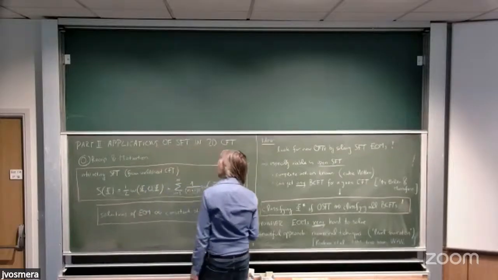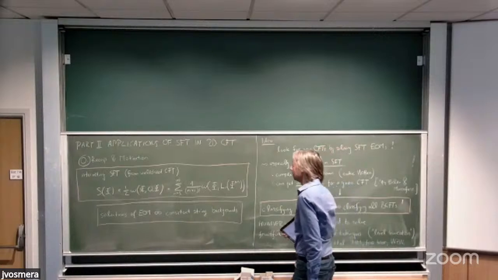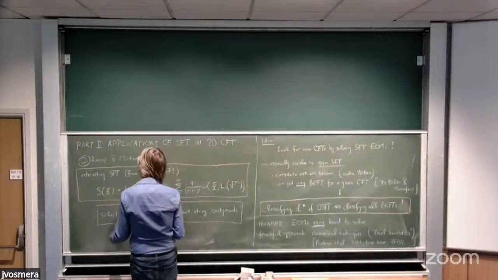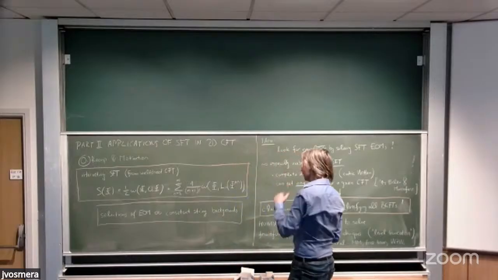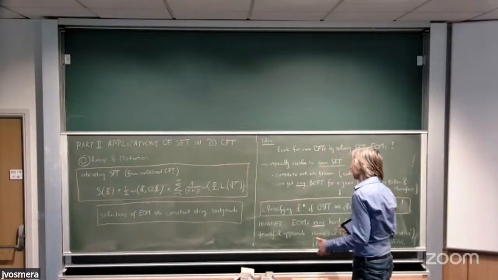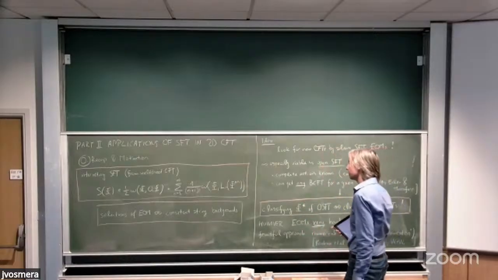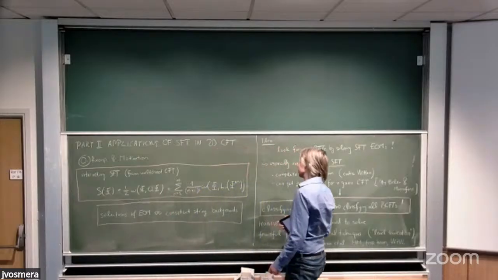So one of the key points which we looked at during the last lecture was the action for a full interacting string field theory, which you can write down given that you have knowledge of the consistent string background. So this is the action which is written in terms of a string field.